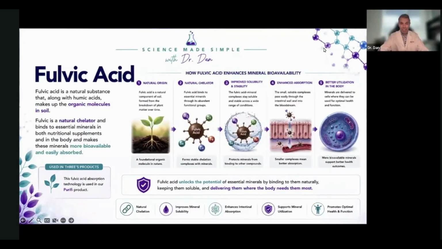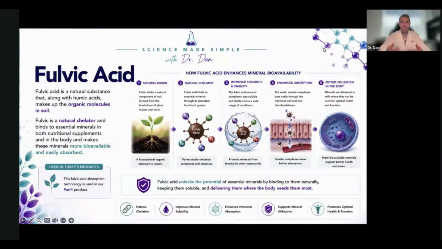All right, next we have fulvic acid. This is also used in our Purify product. The reason we chose fulvic acid is that it's an organic molecule found in soil. In good soil, you have fulvic and humic acids, and these are the complexes that provide organic material for the plants to survive.